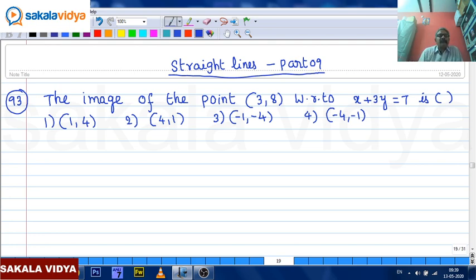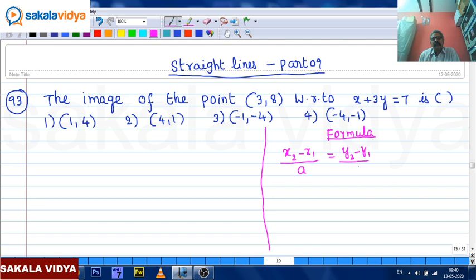First let me give the formula, not a shortcut, actually we have the formula; in board examination we have studied and also we derived it. (x2 minus x1) upon a equals (y2 minus y1) upon b equals minus 2 times (a x1 plus b y1 plus c) by (a square plus b square).